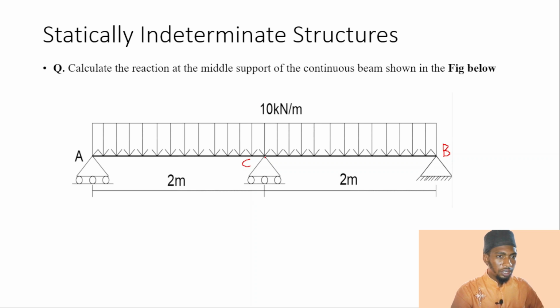So the reaction at C, we can call it RC, and this is RAY, RCY, and here we have two, RBY and RBX. Okay.